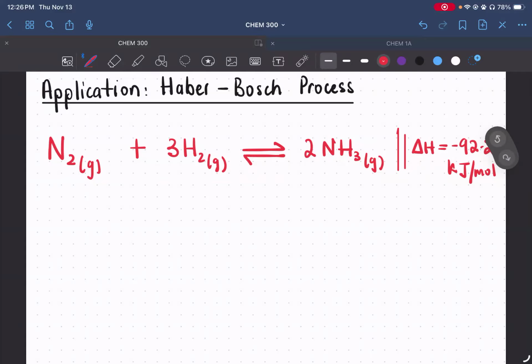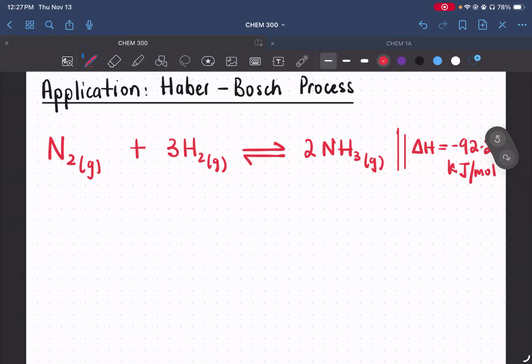As a result, the Haber-Bosch process is one of the most commonly performed reactions across teaching labs, research labs, as well as in industrial plants. In other words, what I'm trying to say is that it's more often than not cheaper and more efficient for these companies to make ammonia themselves than try to purchase it from some third-party supplier.